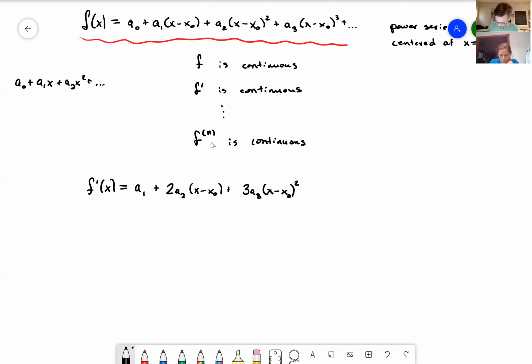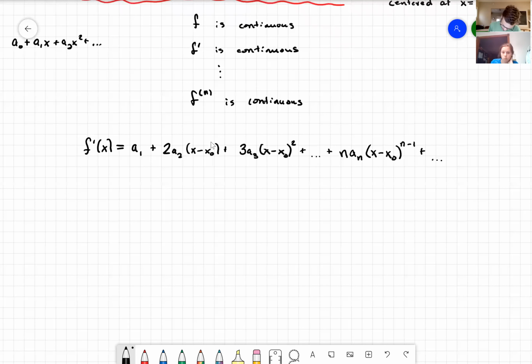So the 3 comes down in front, and then the exponent goes down by 1, just like before. And the arbitrary term will be n times an (x minus x0) to the n minus 1. And this continues on. So the derivative is exactly what we would think it would be.